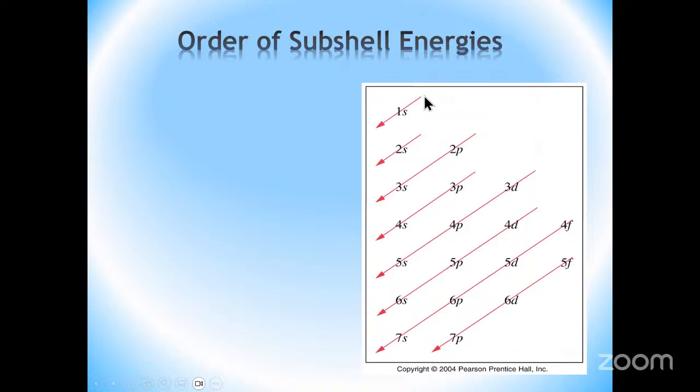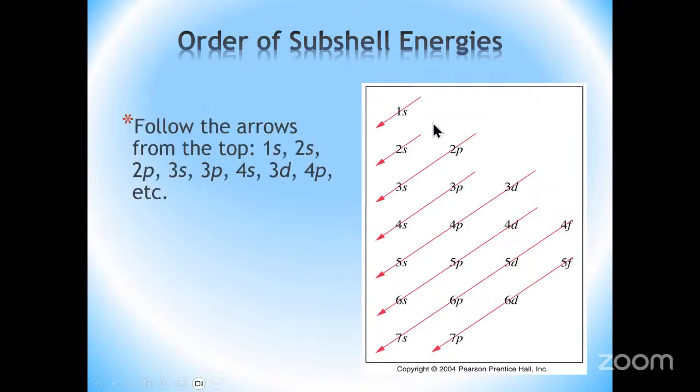Basically, if you follow the arrows from tail to head, that gives you the order of the orbitals in terms of their energies, right? So the first, lowest energy orbital will be the 1s orbital. In fact, I think I have it here. So 1s, and then 2s, and then 2p, 3s, and then 3p, 4s, and then 3d, 4p, 5s, and so on.